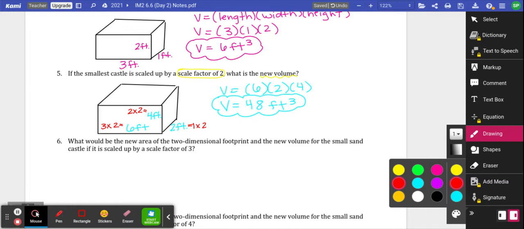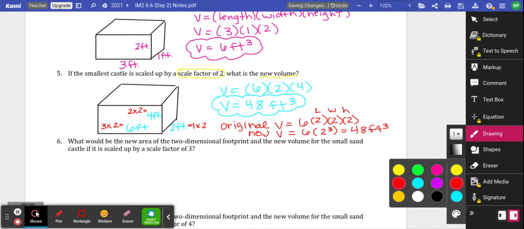So remember, our original volume was equal to 6 feet cubed. And we multiplied by 2 times 2 times 2, for the length, the width, and the height. So we can write our new volume as 6 times 2 cubed. 2 cubed is 8. 6 times 8 is going to give us 48 feet cubed.